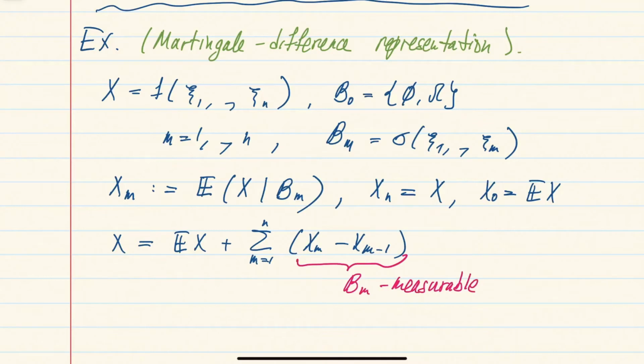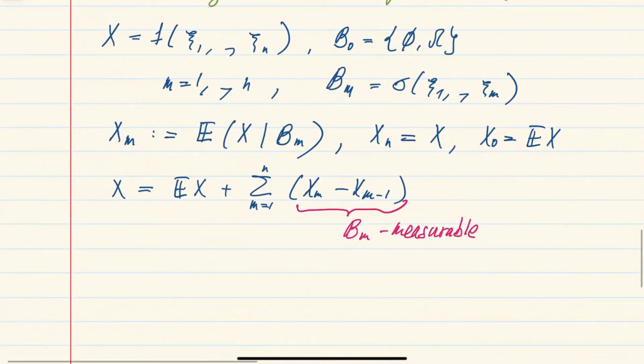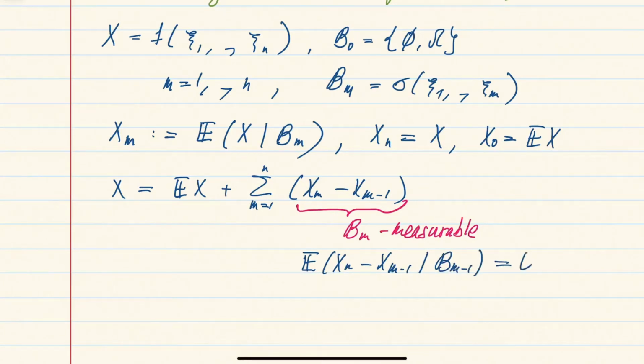And then the property that we used in the proof of Azuma inequality, that if you take expectation of this increment conditionally on the previous sigma algebra m minus 1, you will get 0. So these were centered. But in any case, this is just a reminder that we have already seen this type of construction before.